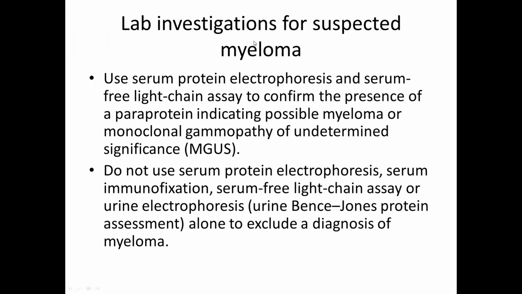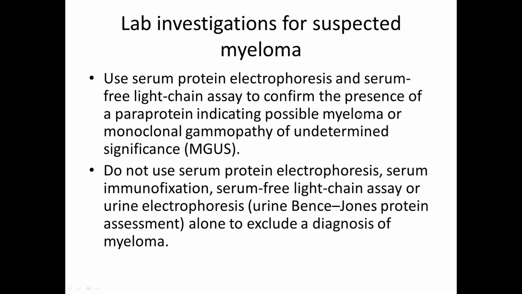Okay, I know my talk's about diagnosis, so this bit's relevant to that. Laboratory investigations for suspected myeloma. So we were recommending serum protein electrophoresis and the serum free light chain assay.